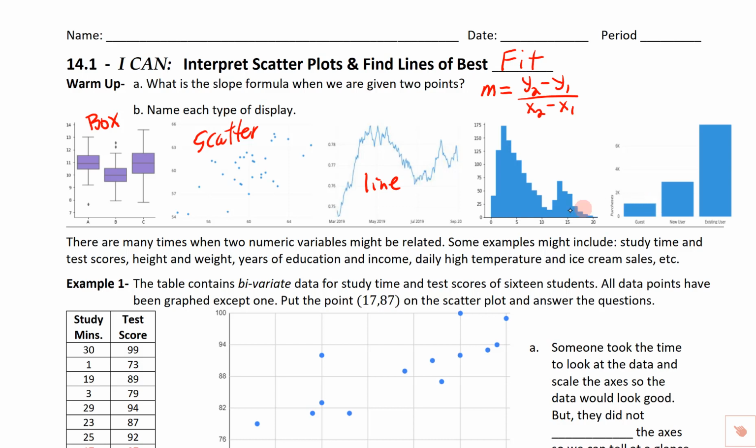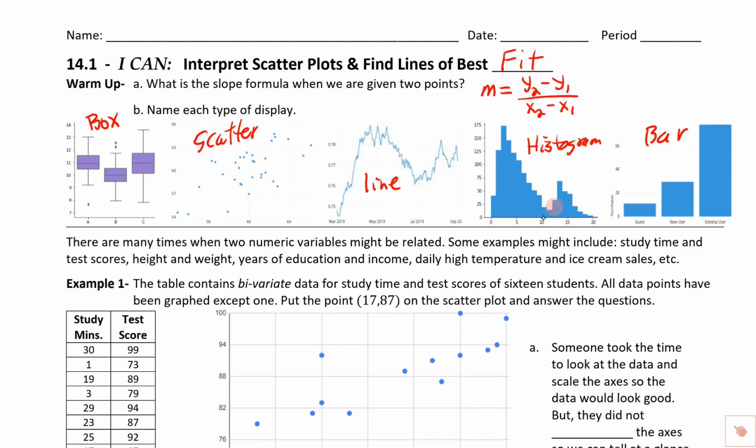And then we've got two interesting ones, both very similar. Remember, this one is a histogram. And then this last one is a bar graph. And remember, the difference between a bar graph and a histogram is that the width of these rectangles and any gaps in between them really doesn't make any difference. This one is talking about guests and new users and existing users. The fact that there's a gap there or how wide those rectangles are doesn't make any difference.